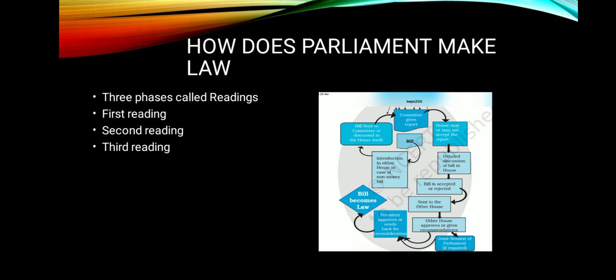So if the bill is passed by one house, then it goes to the second house. If the bill was first introduced in Lok Sabha, then it will go to Rajya Sabha, and if the bill was first introduced in Rajya Sabha, then it will go to Lok Sabha. In the second house, the bill has to pass again through three readings: the first reading, second reading, and the third reading.